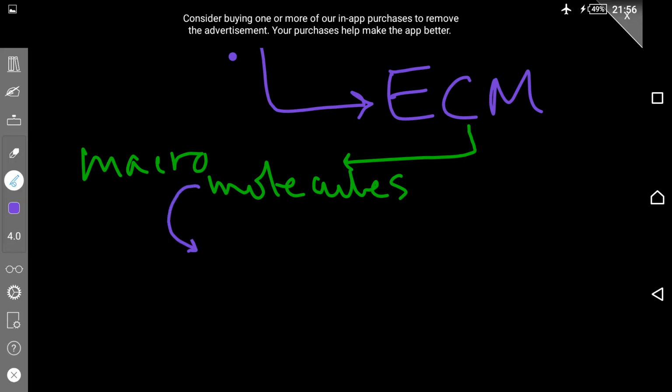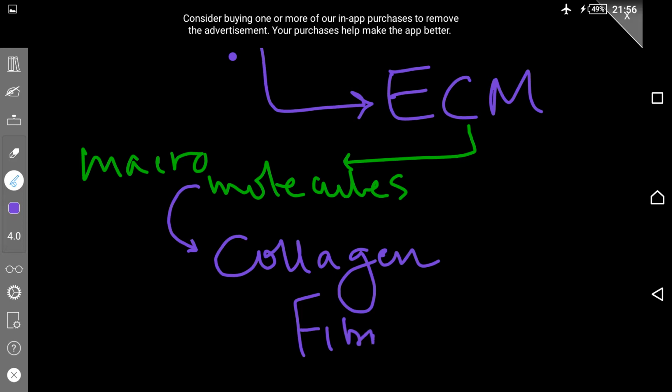These complex structures do their functions according to the place or the position they are, or according to the type they are. One of the most abundant of these extracellular matrix macromolecules is collagen fibrils. Collagen fibrils are the macromolecules of the extracellular matrix throughout the tissues of the body.